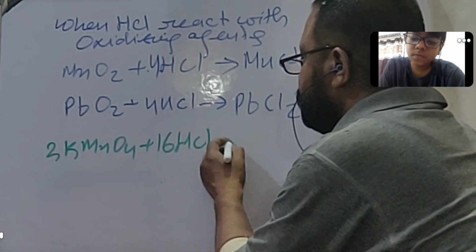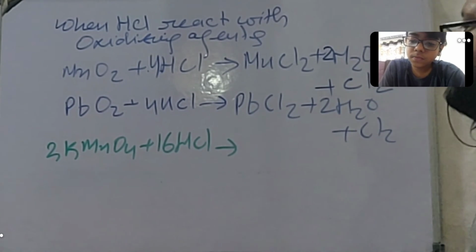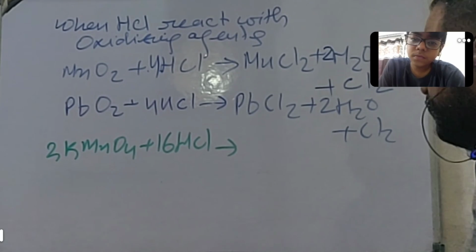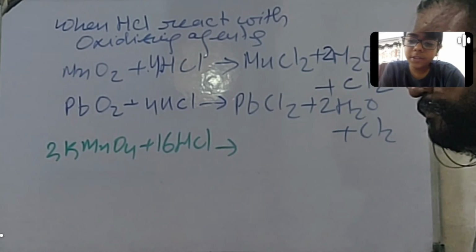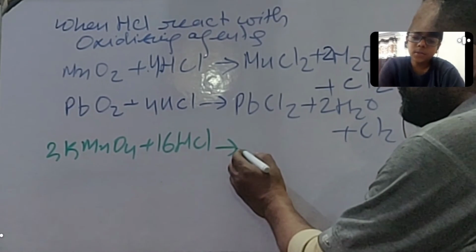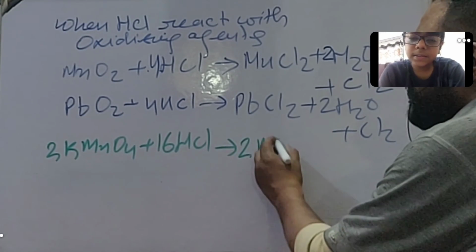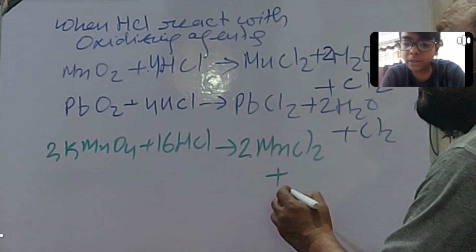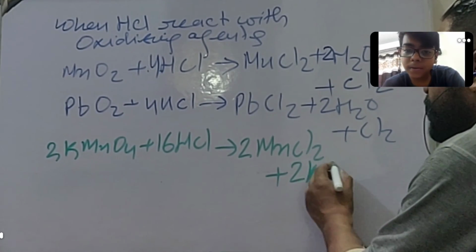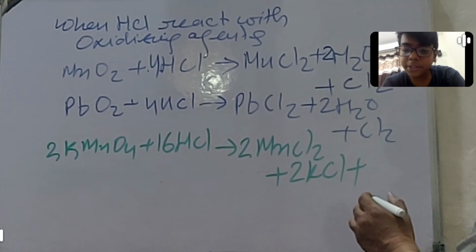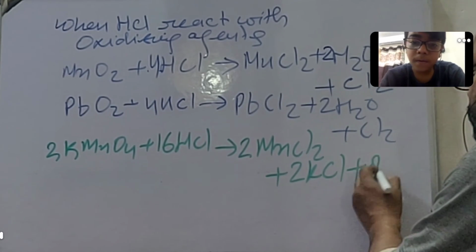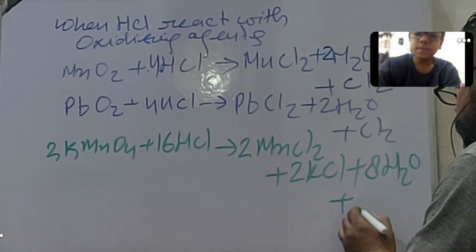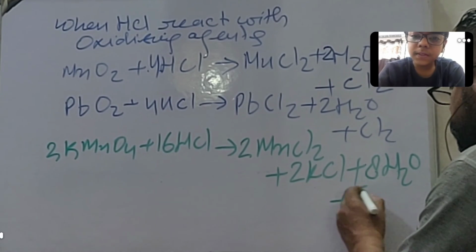And what is it giving you? 2MnCl2 plus 2KCl plus 8H2O, and what else do we have? 5Cl2.